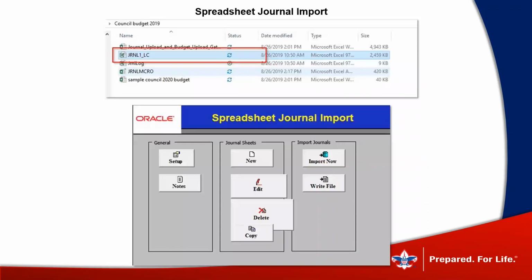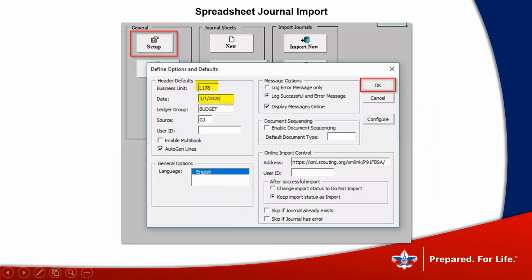So now we're going to move on to the actual spreadsheet journal import. And as I said, we had created this folder, and this is the macro that you're going to want to open up, the JRNL1_LC. And this is the screen you're going to see that opens up to start with. And the first thing you're going to do is you're going to go to the Setup tab, and you're going to change your business unit, and you're going to change your date.